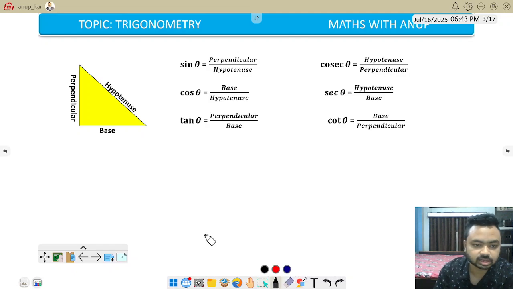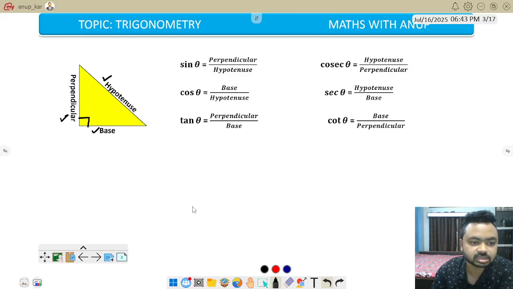So let's understand it. This is my 90 degree. Here there are three sides of the triangle, namely the base, the perpendicular, and the hypotenuse. What is the base?